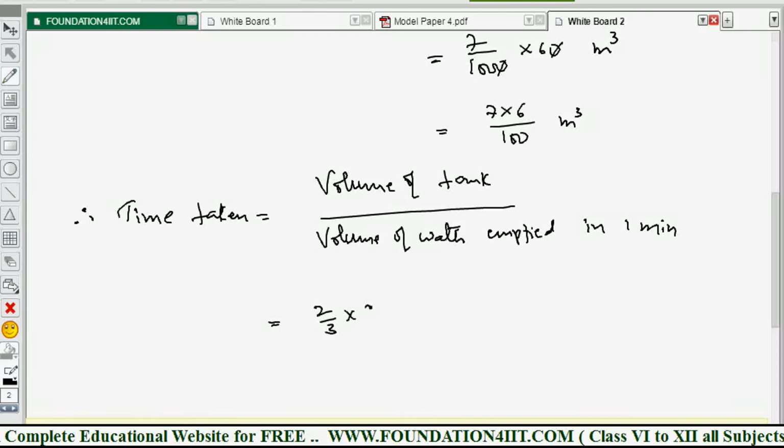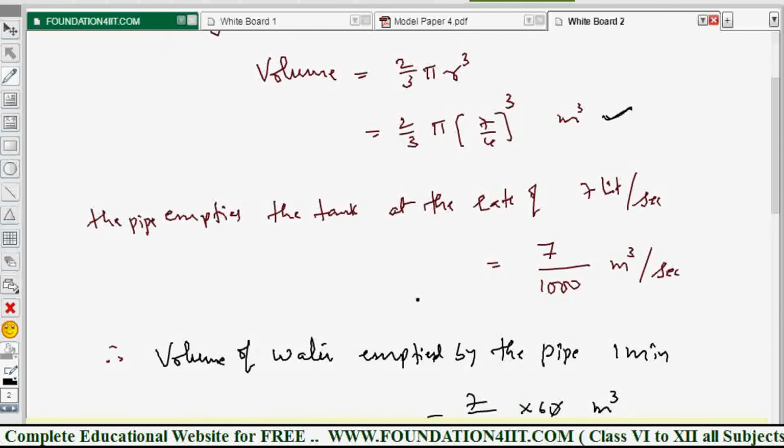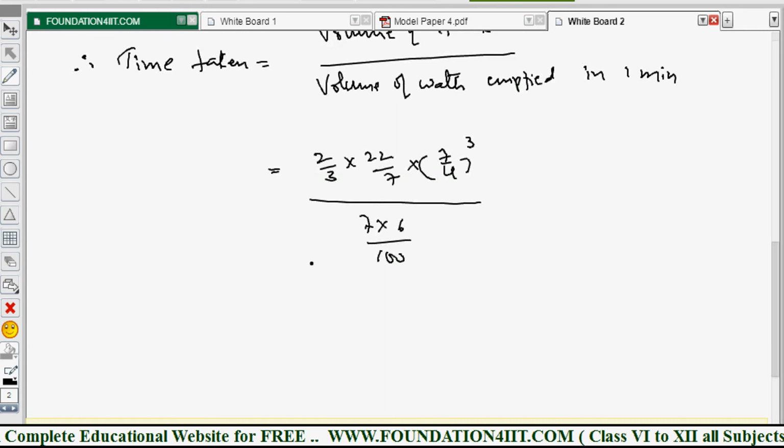So 2 by 3 into 22 by 7 into 7 by 4 whole cube, and divide by 7 into 6 by 100, that is for 1 minute. Then just calculate this and you will get the time taken.